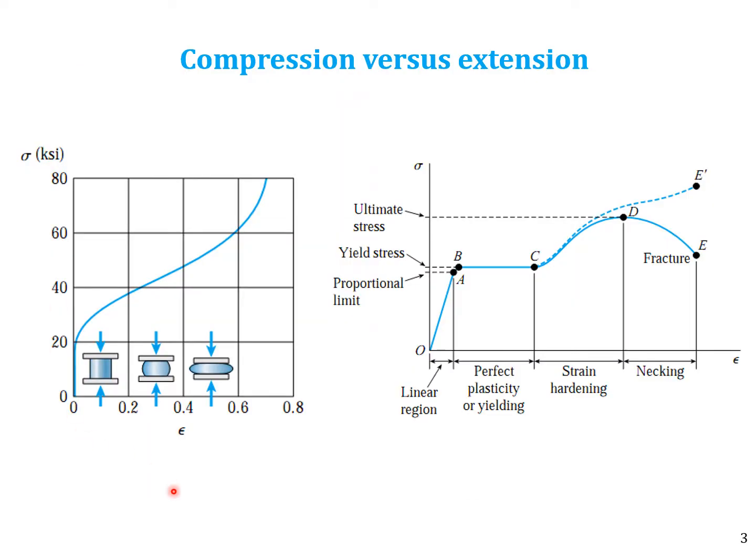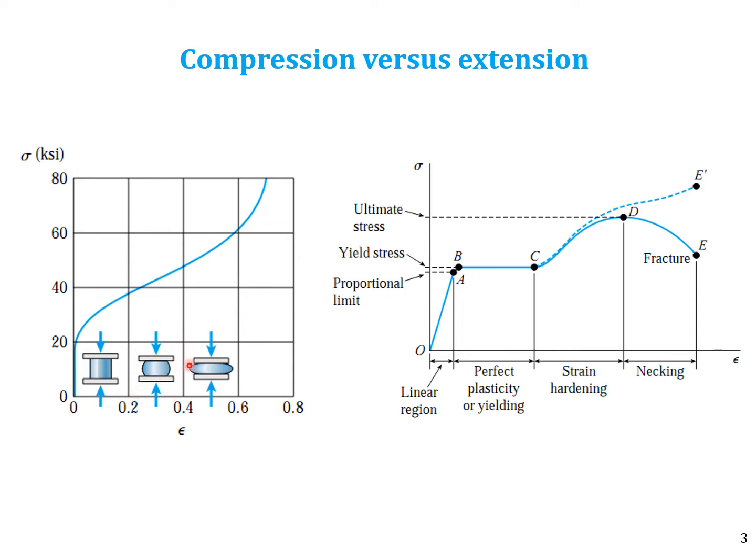So if we compare stress strain curve in compression and extension mode, in both we have elastic and then plastic regions. The plastic region in compressive mode is simple. There are only two major deformations.